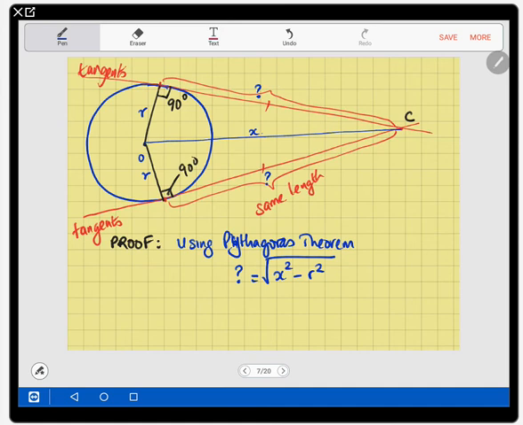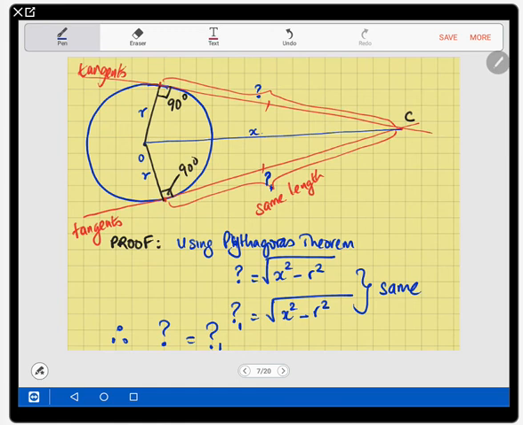And here as well, let's call it question mark 1. Question mark 1 will also be the square root of x squared minus the radius squared, because we got the same radius and this line is common between these two triangles. Why are we using Pythagoras theorem? Because it's got a 90-degree angle here. As simple as that. These two are the same. Therefore, this first length will be equal to the second one here.